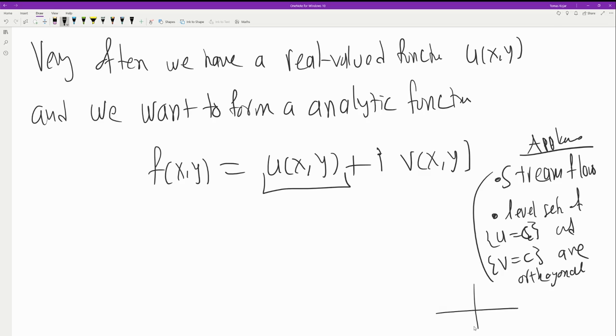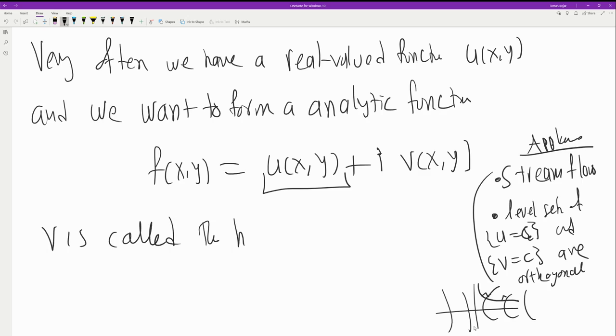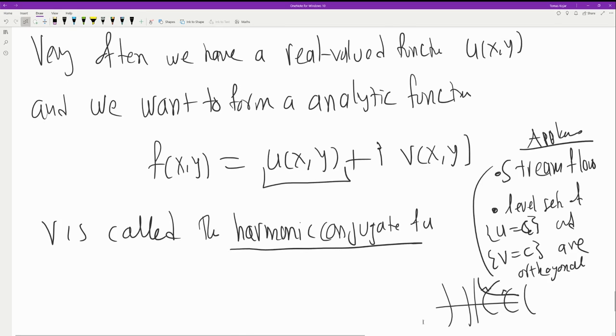So you have some level sets and you want to compute the perpendicular level set. So these are two applications. v is called the harmonic conjugate of u. Okay, so we have time for one example. Let me do it.